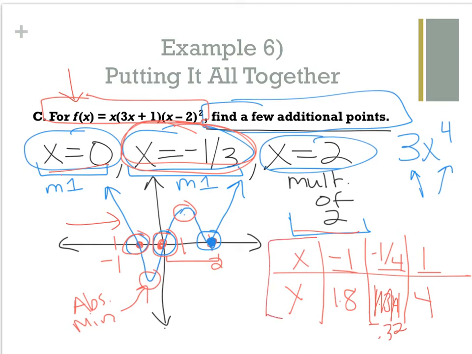So I went ahead and made an additional table of values, and I'm going to plot these points on the next slide when it asks me to graph the function.